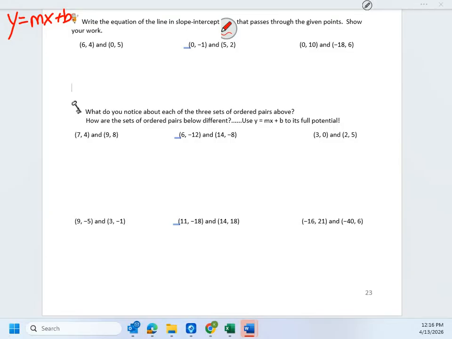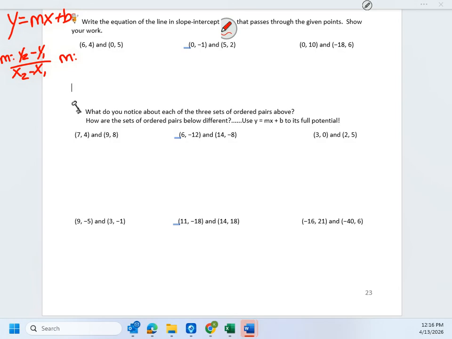We're going to remember that to find the slope, we're going to use y2 minus y1 over x2 minus x1, and then I'm going to show you how we find the y-intercept when it's not given to us. These first three that we're going to practice with have the y-intercept given to us. So we're going to work on how we do this given that y-intercept.